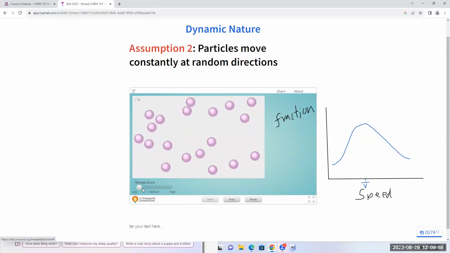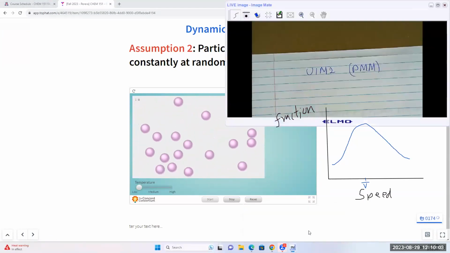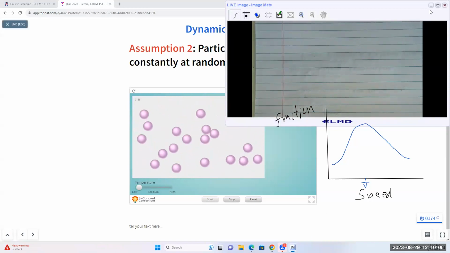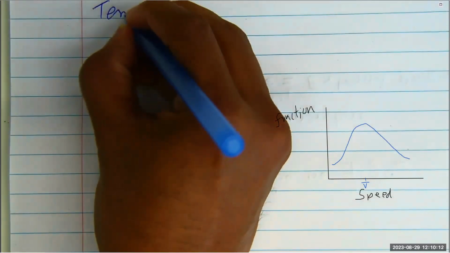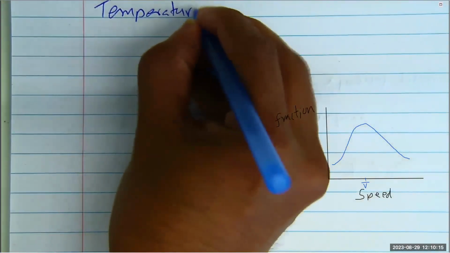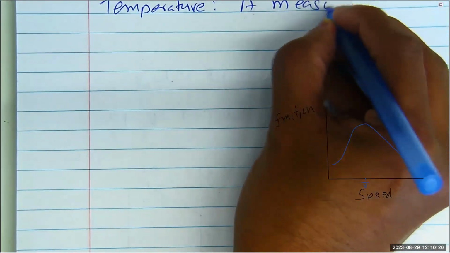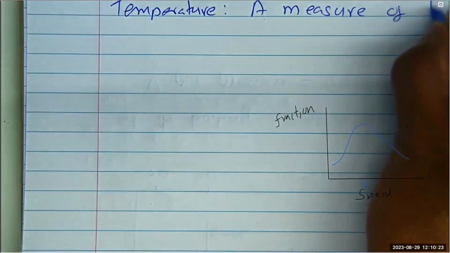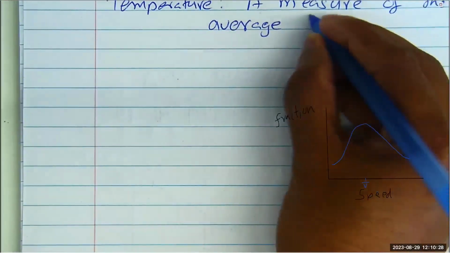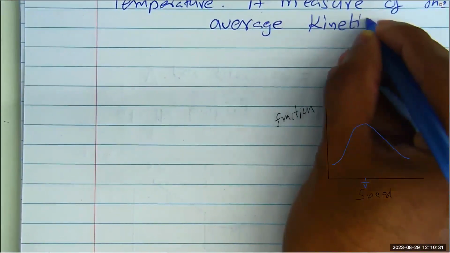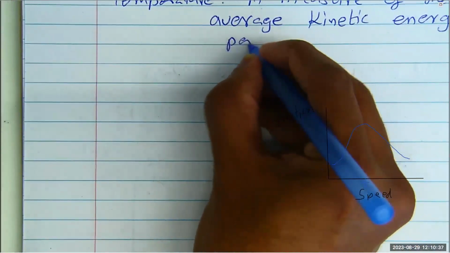Okay. Let's make a small note if we can. This is really important. So temperature is a measure of the average kinetic energy per particle.